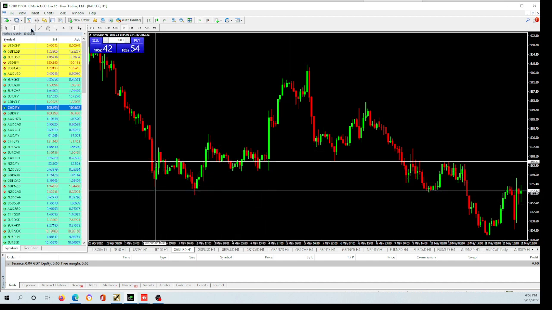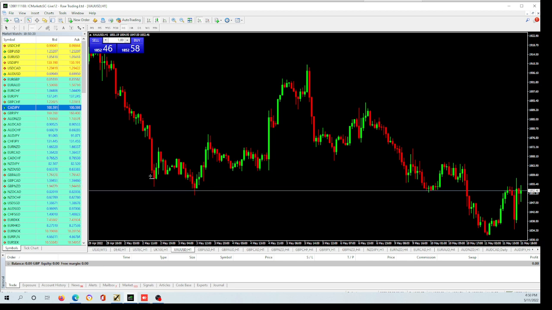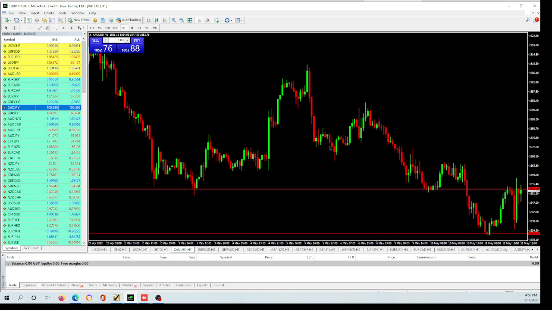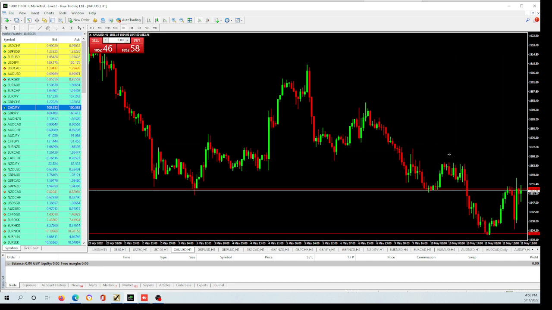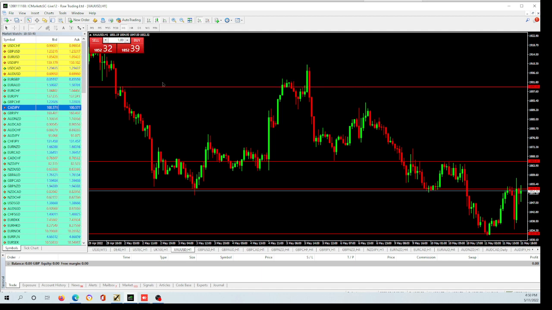So I know from looking at it, this is an OBS level, that is a demand level, this is a demand level, potential reversal from there, because we have here, and we have another level here, we have another level here, you have another level here.